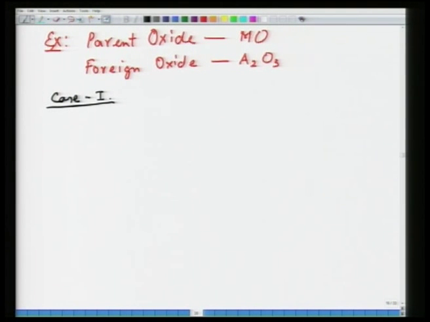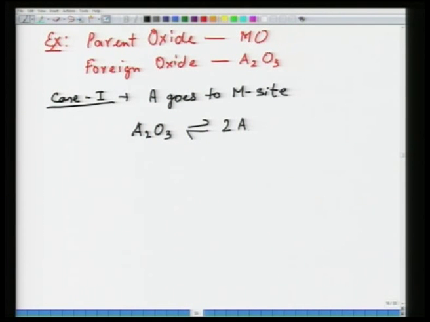In this case, the impurity atom A goes to the metal site. So, case 1 is A goes to M site. A2O3 going into the MO lattice, let us say both of the A go to M site.